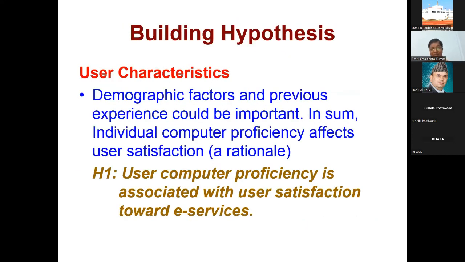How can this hypothesis be built up and what are the characteristics of building the hypothesis? User characteristics, demographic factors and previous experience could be important. In some individuals, computer proficiency affects user satisfaction. So here the example: user computer proficiency is associated with user satisfaction towards e-services.